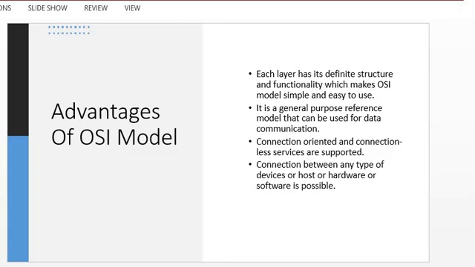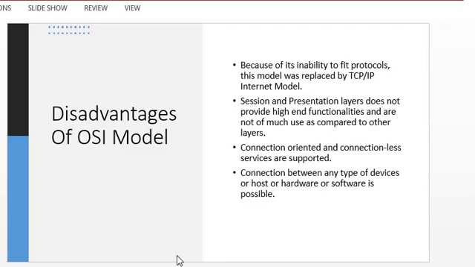In terms of disadvantages, because of its inability to fit protocols, it has been replaced by the TCP/IP. This one is just a model. There are no protocols that are fitted into this model. That's why it has remained more of a theoretical model.